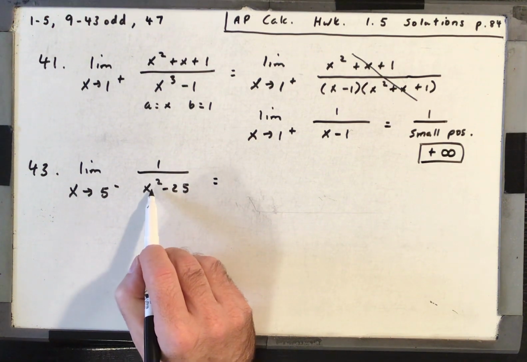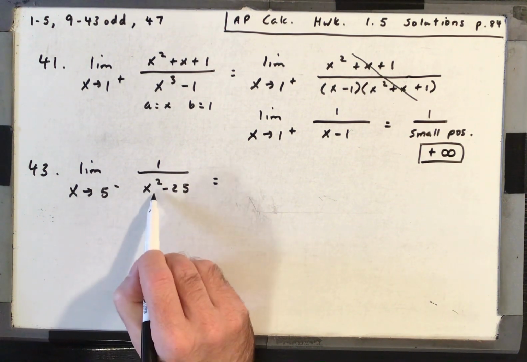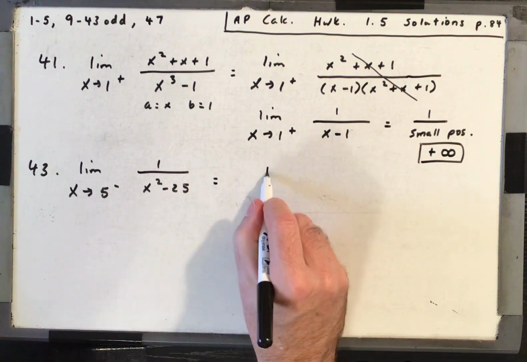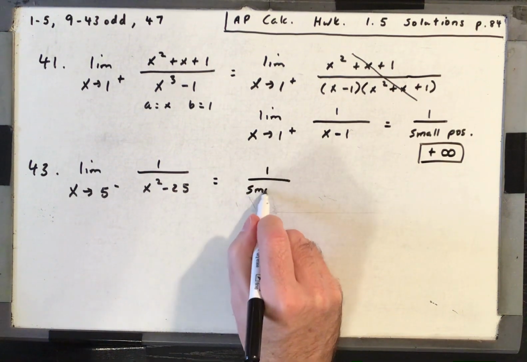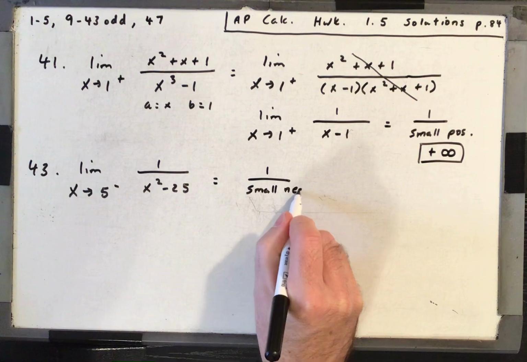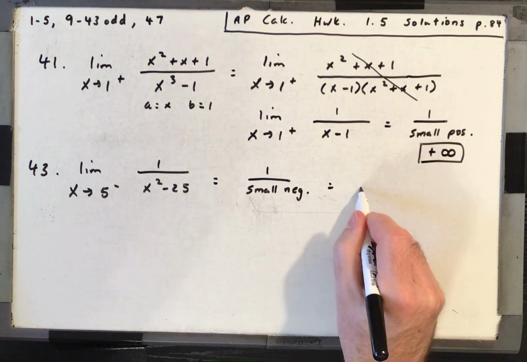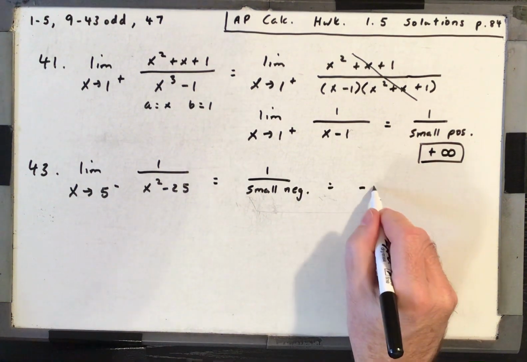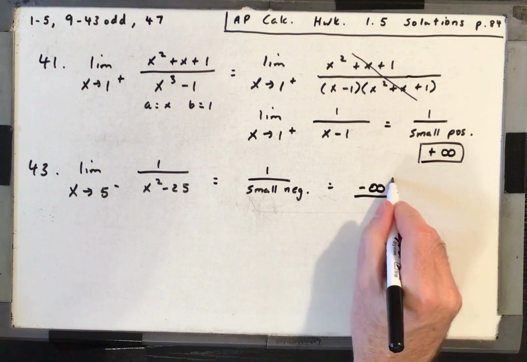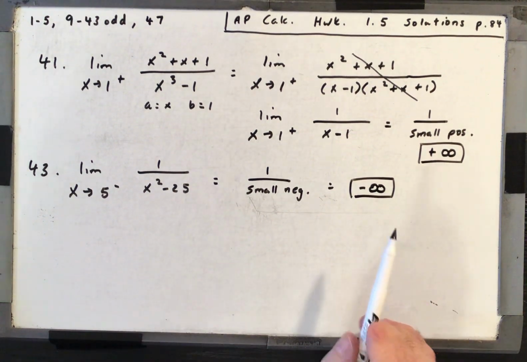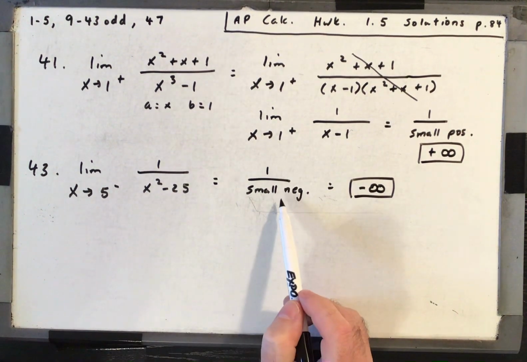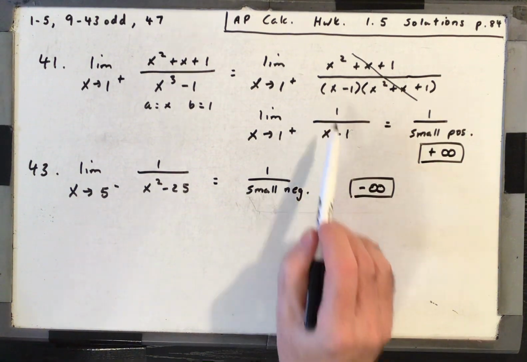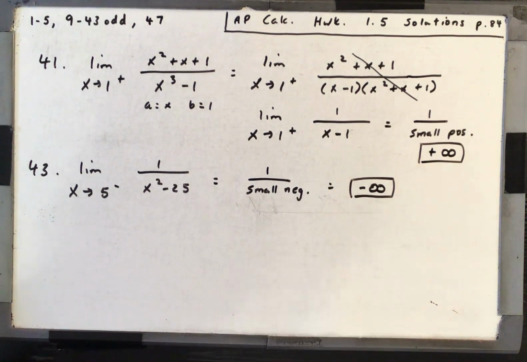From the left, that's like 4.99 squared. It's going to be a little less than 25, so that's 1 over a small negative. So that would be negative infinity. So again, if you're confused when to do the small negative, small positive thing, it's when you have non-zero over 0. You also do it with absolute values. That was in an earlier section.